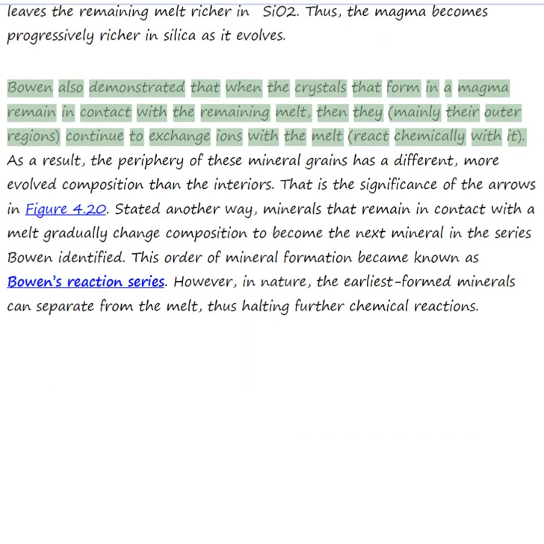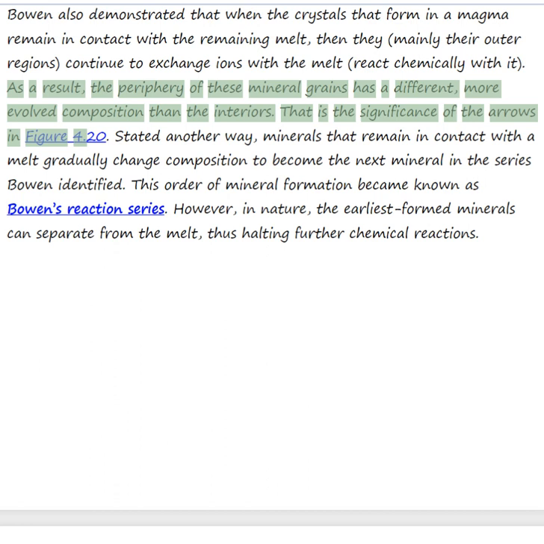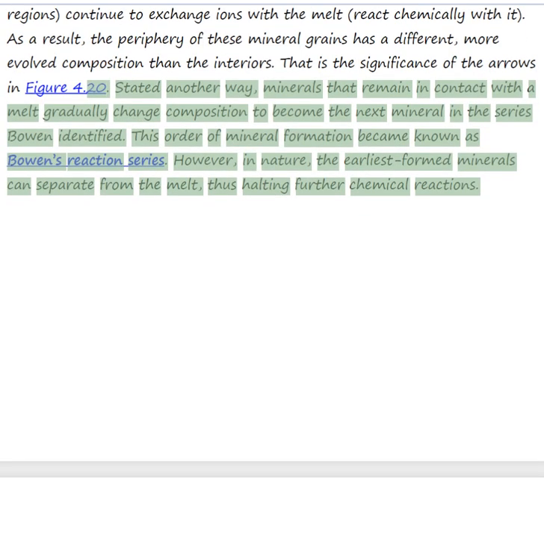Bowen also demonstrated that when the crystals that form in a magma remain in contact with the remaining melt, then they continue to exchange ions with the melt. As a result, the periphery of these mineral grains has a different, more evolved composition than the interiors. That is the significance of the arrows in Figure 4.20.